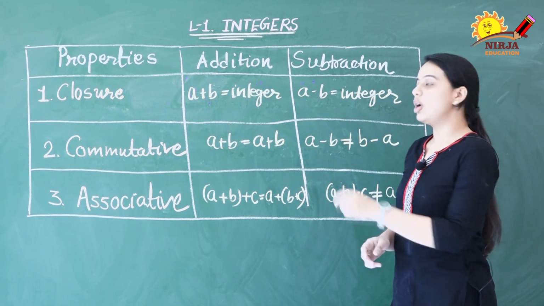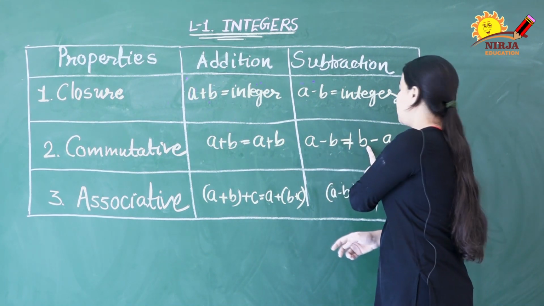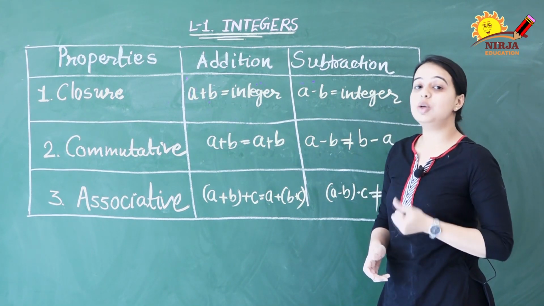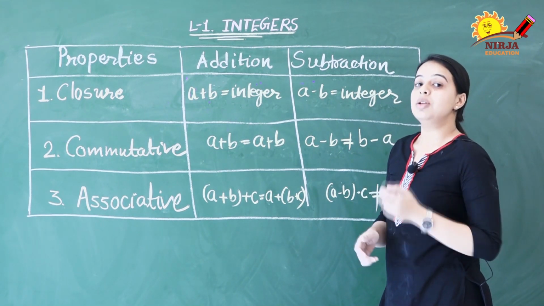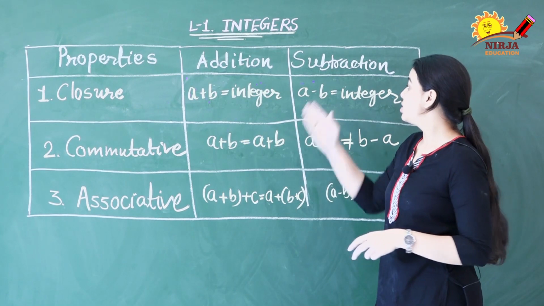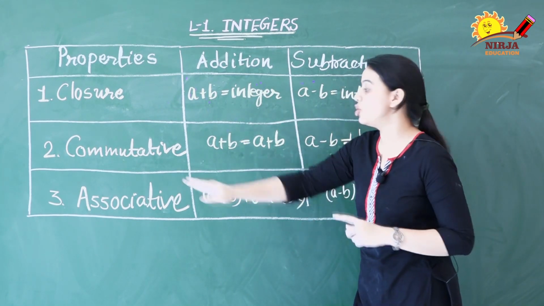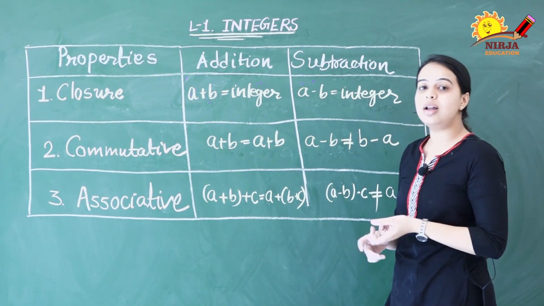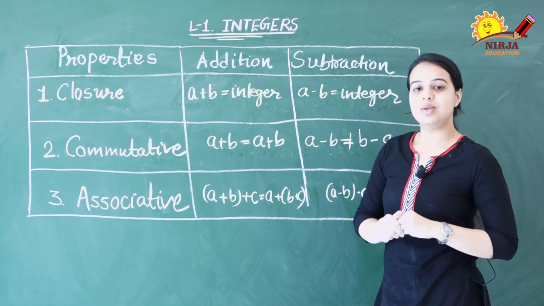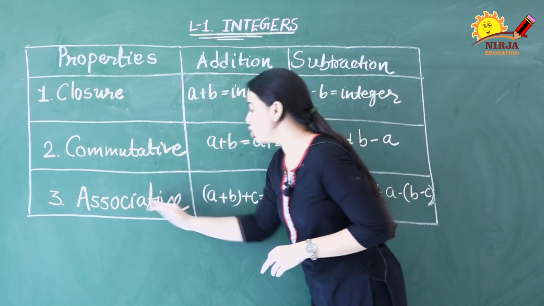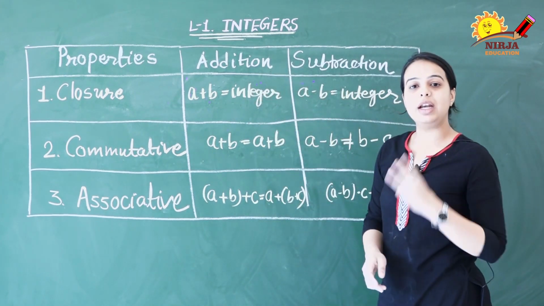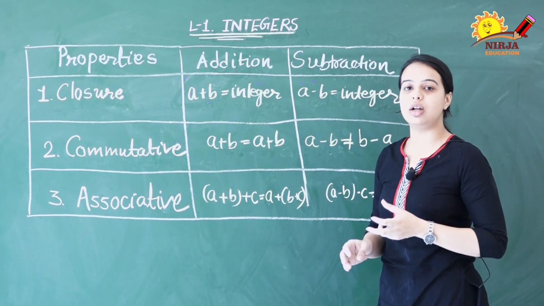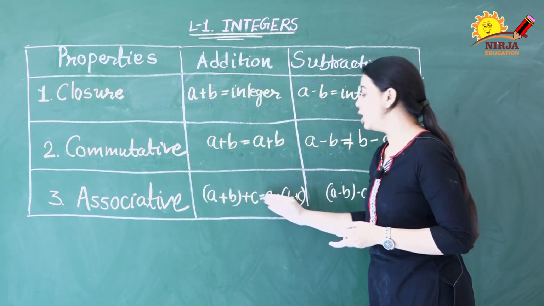But if we subtract any two integers and change the order, then the result will not remain the same. So we can say subtraction is not commutative for integers, because if we change the order, the result may also change. Third one is associative property. For any three integers, if we perform the operation in any order, for addition the result will be the same.